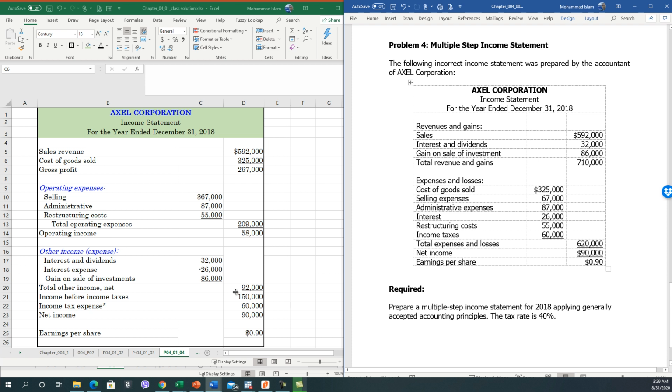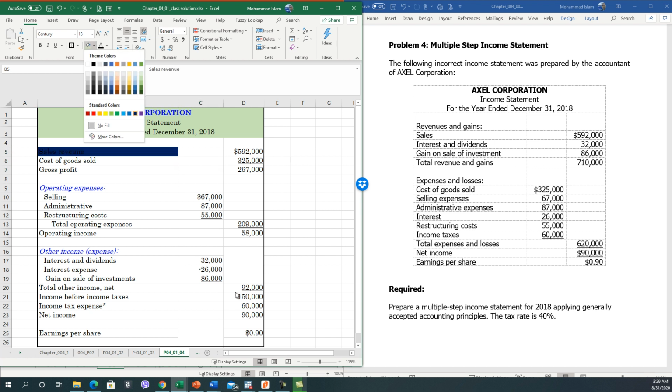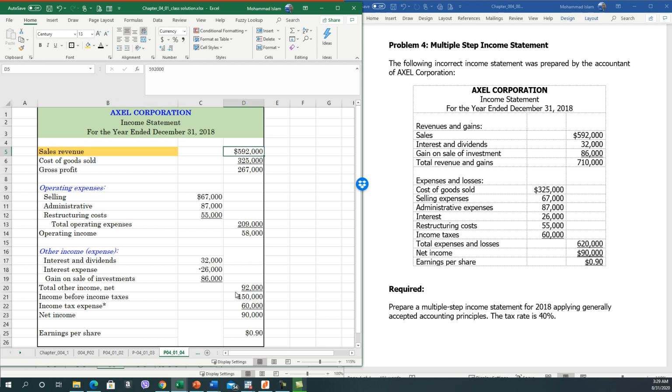So earnings per share. It's very simple. We have sales revenue, then cost of goods sold, and this one is gross profit. Then operating expenses: selling expense, administrative, restructuring cost. So total operating expense is this one.